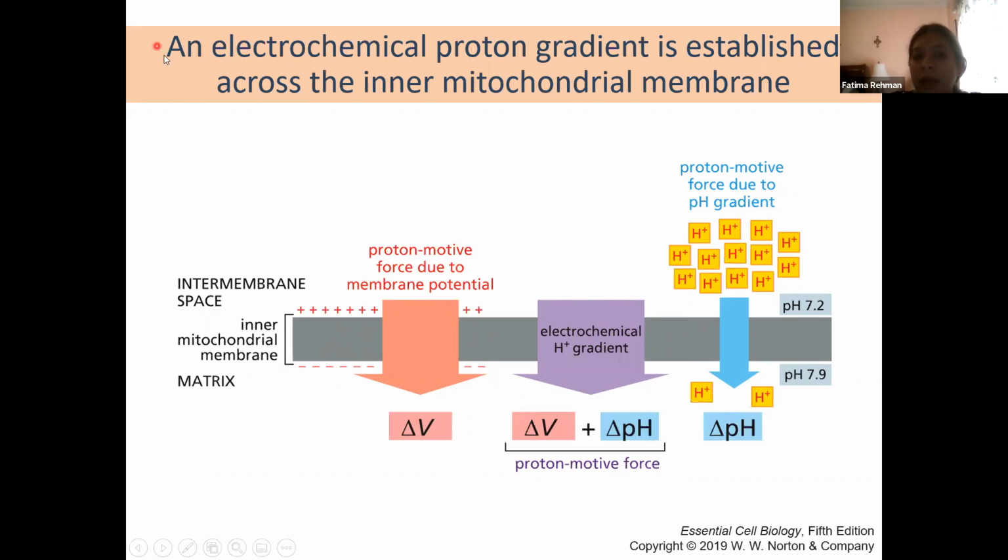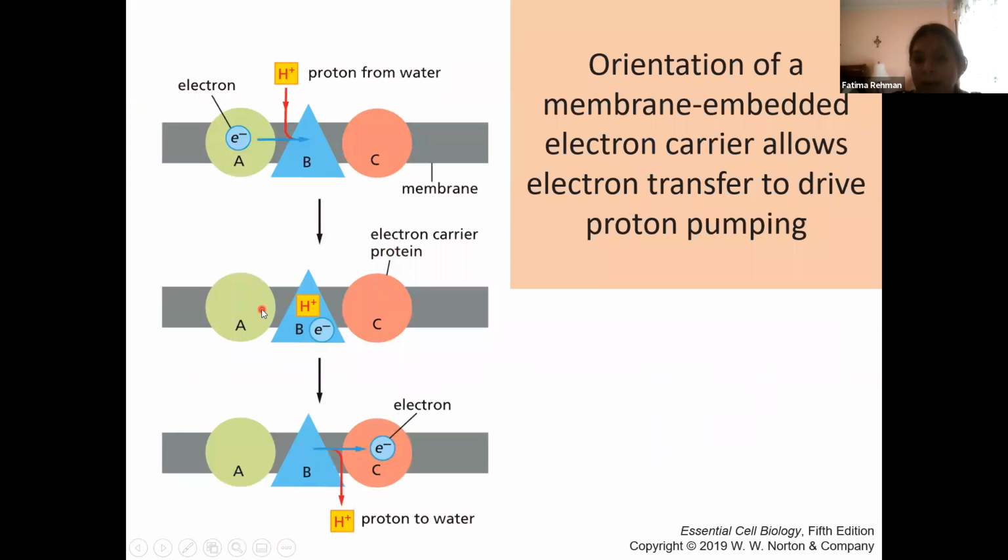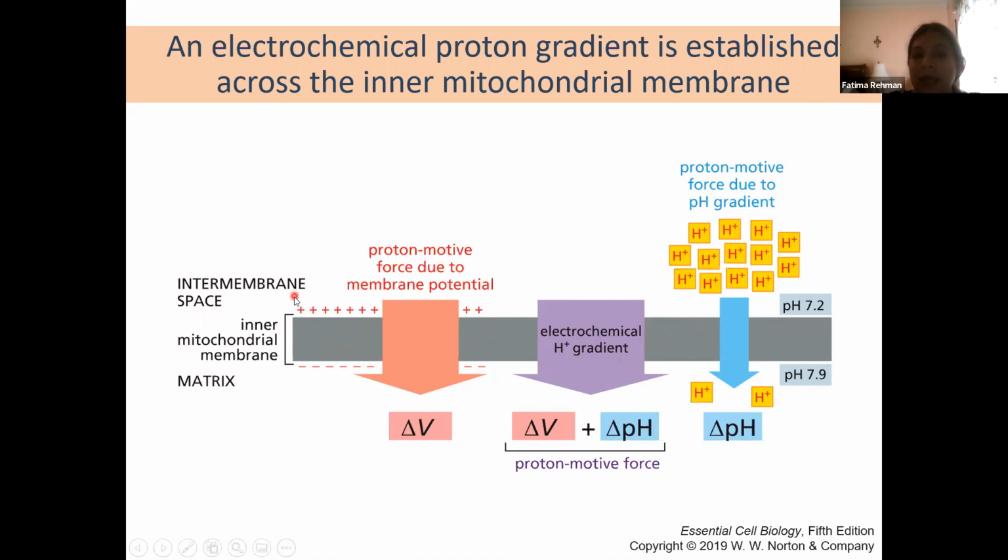So the electrochemical proton gradient that is established in the intermembrane space is a combination of that, the inner mitochondrial membrane having different potential on the outside versus the inside, so on the intermembrane side versus the matrix side, along with that proton movement that is shuttled outside into the intermembrane space, allowing for them to be then shuttled back into the matrix to create the energy needed for ATP production.